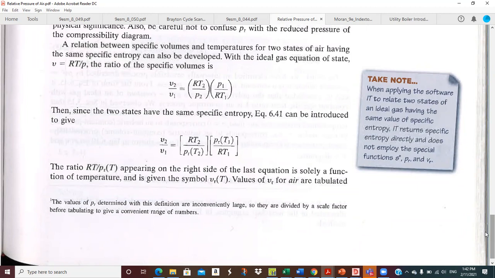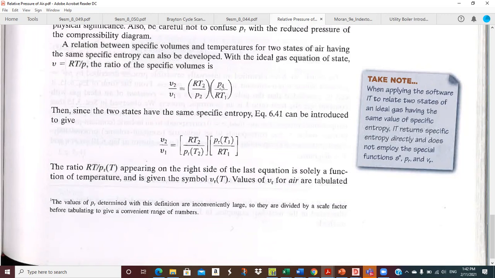And then they also do this little thing, it's called a pseudo-reduced specific volume. What they do is they say, okay, let's form the ratio of specific volume 2 over specific volume 1. And let's just use the ideal gas law. So we know PV is equal to RT. You solve for V, which is RT over P. And so this is going to be RT2 over P2 times P1 over RT1.